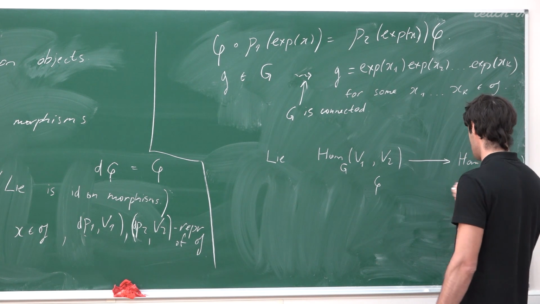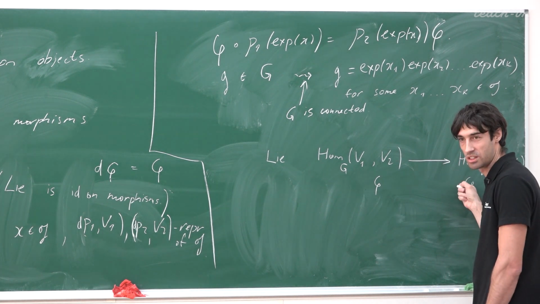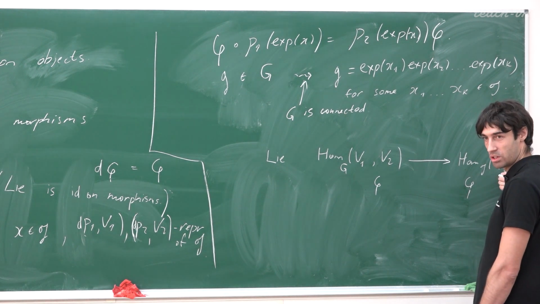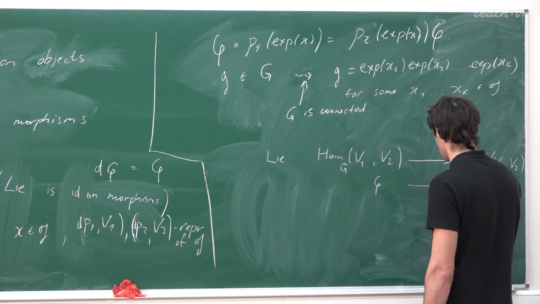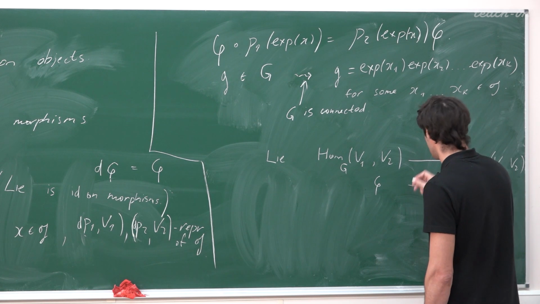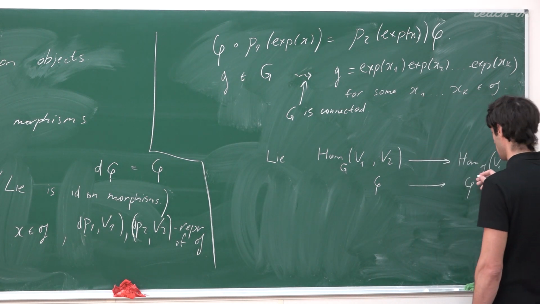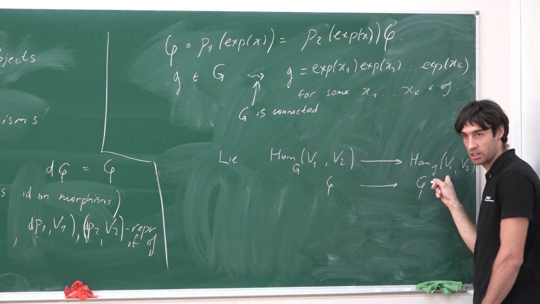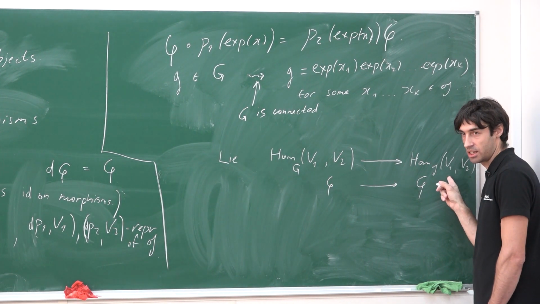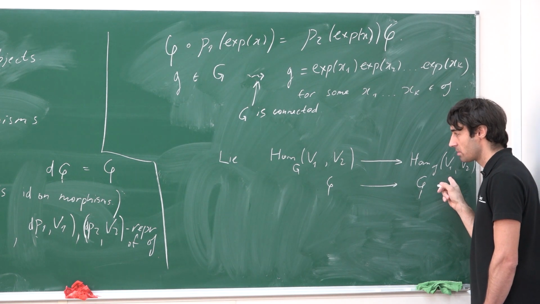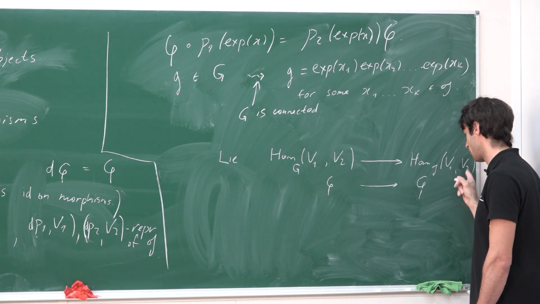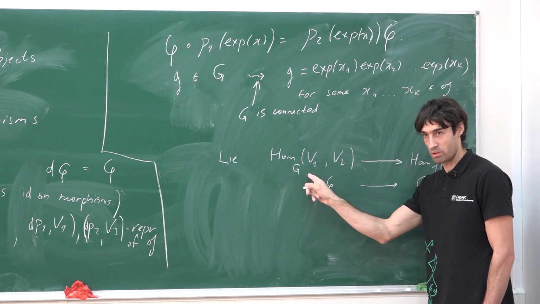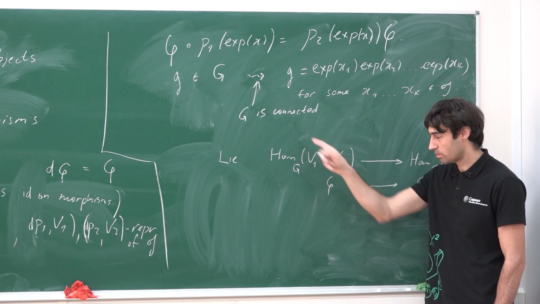We proved that if I send it to the same exact linear transformation, it will be in Hom over the algebra. Now let me take something in here and see that the same exact transformation also commutes with the action of the group.